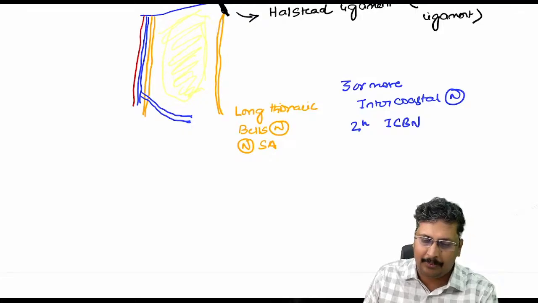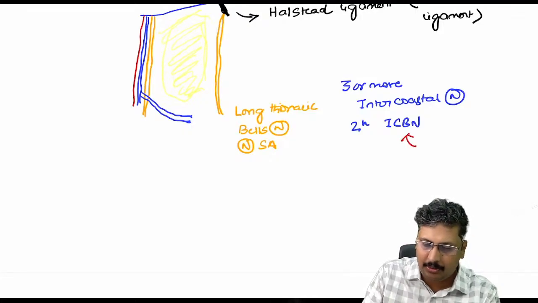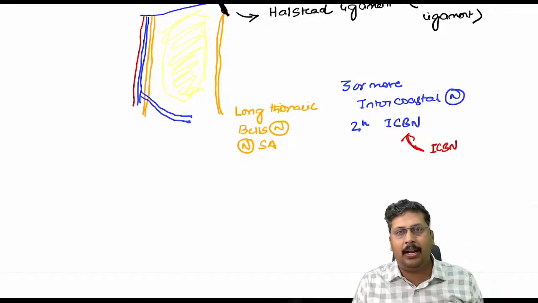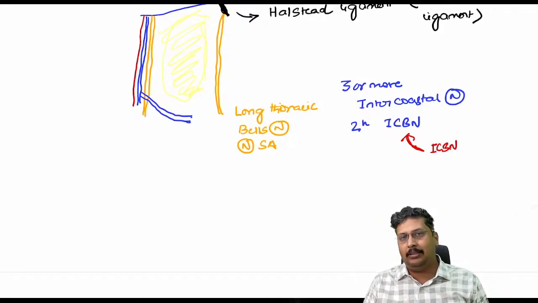And again, if someone asks you what is the most common nerve that is injured during the axillary lymph node dissection, that is the intercostobrachial nerve. And what will happen when there is injury to the intercostobrachial nerve? It will cause paresthesias of the medial aspect of the arm.